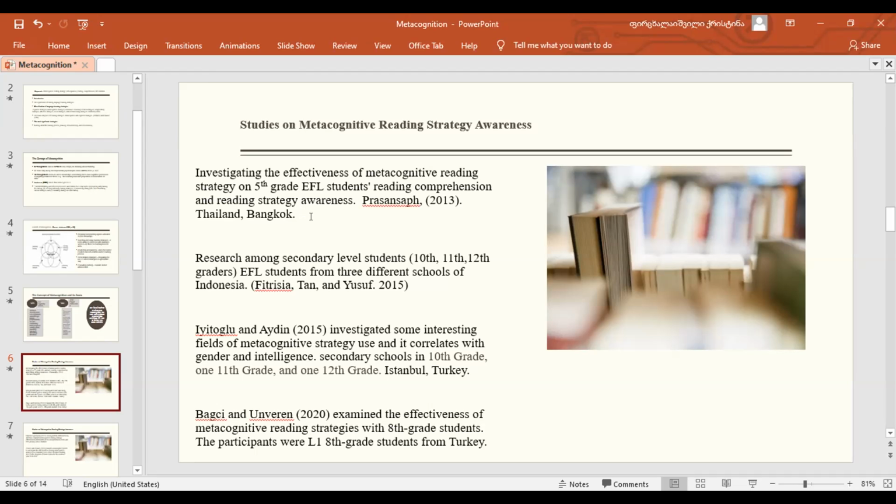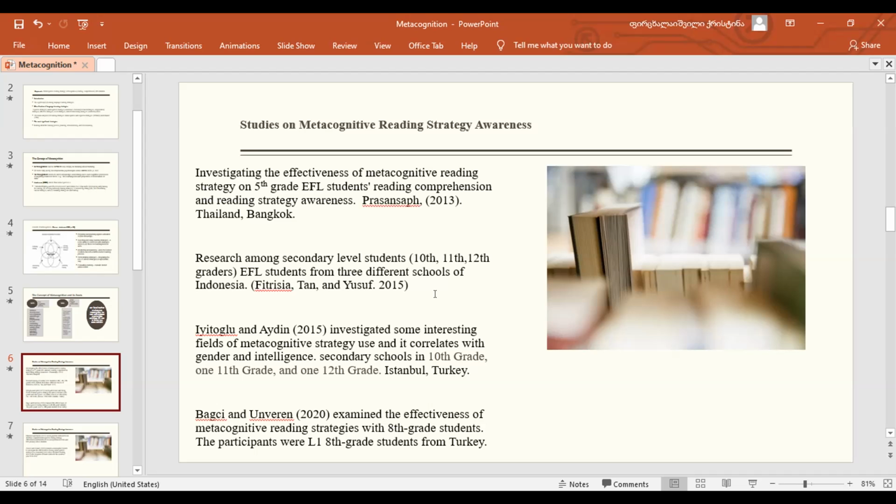And these scientists conducted pre and post tests, and after a deep analysis of post tests, they discovered that students themselves think that metacognitive strategies are really helpful.